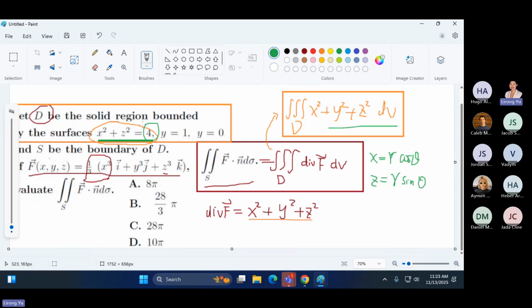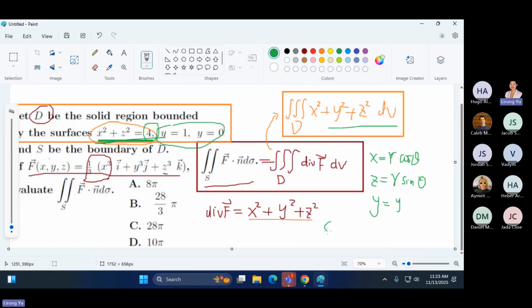If you do a double integral, you keep one variable, but here we keep two variables. Among the x variable and z variable, this is a pair variable. So we keep r and theta, that's two dimensions, among the three dimensions. The last variable is y, and you see the boundary for y is between 0 and 1, so y will stay as y.